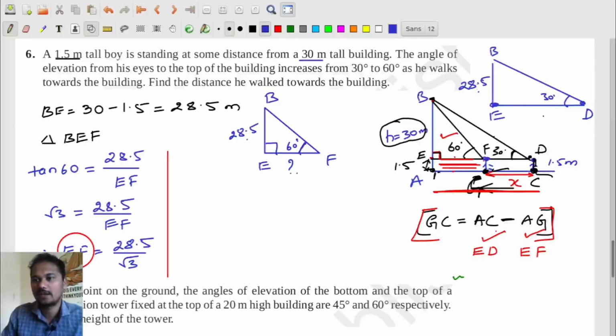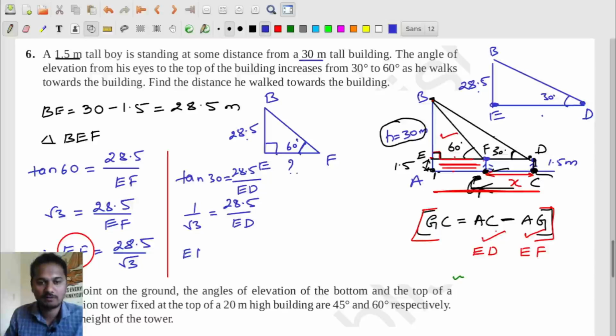Again opposite and then adjacent with respect to this angle. Take tan 30. What is tan 30? Opposite 28.5 and then adjacent ED. Tan 30 is 1 by root 3, equal to 28.5 divided by ED. If you cross multiply, you will get ED is equal to 28.5 root 3.